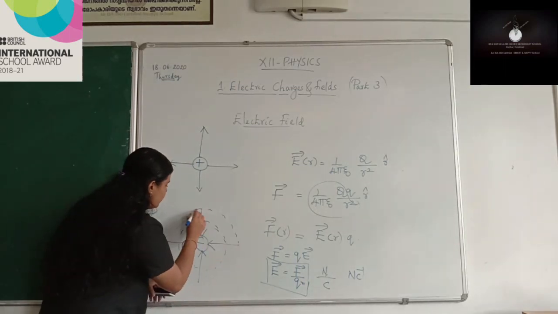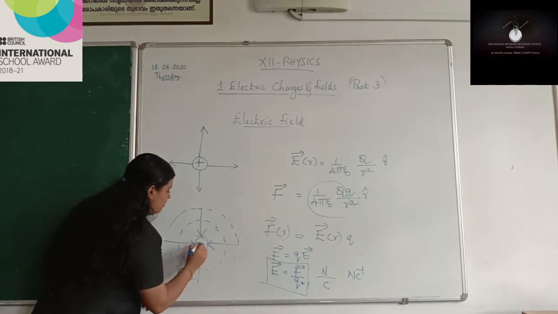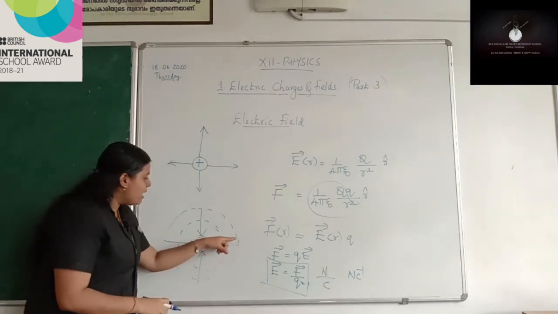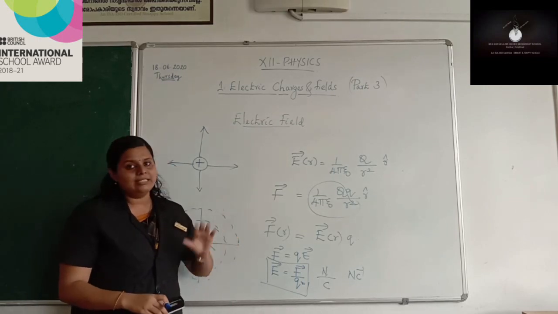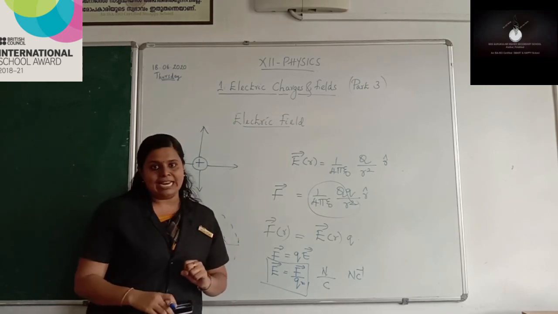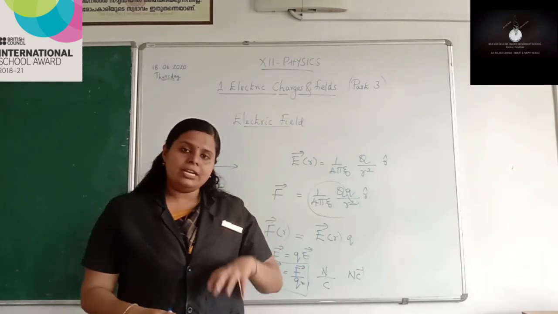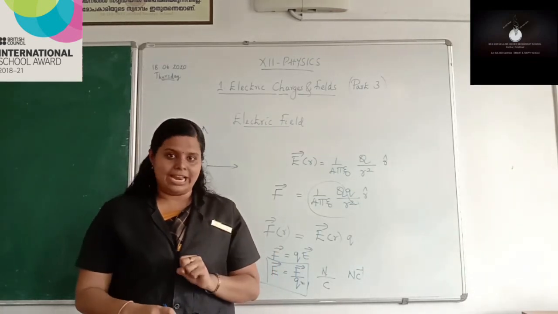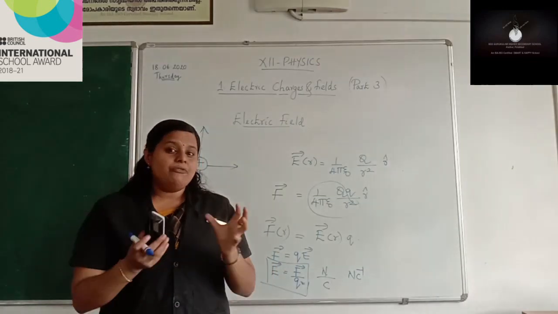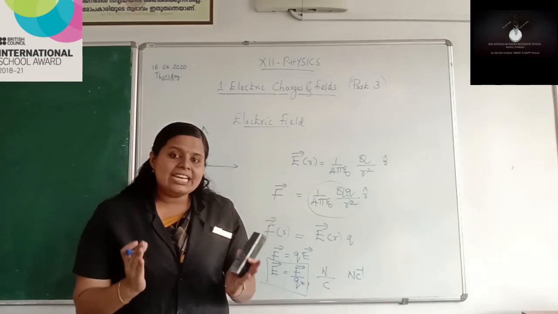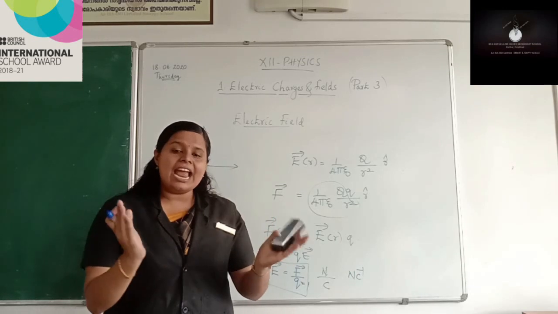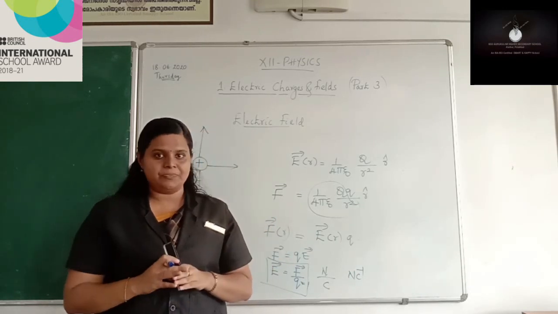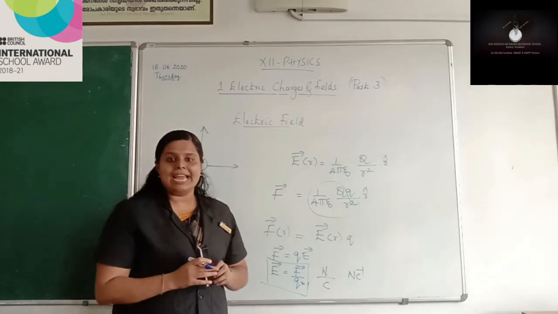Again, these points are at equal distance from this source charge, so again the magnitude of electric field will be the same. So that's the idea about electric field. Now you might have understood the importance of electric field: it talks about the interaction between charges, and it also explains the electrical environment of a charge. So that's all about electric field.